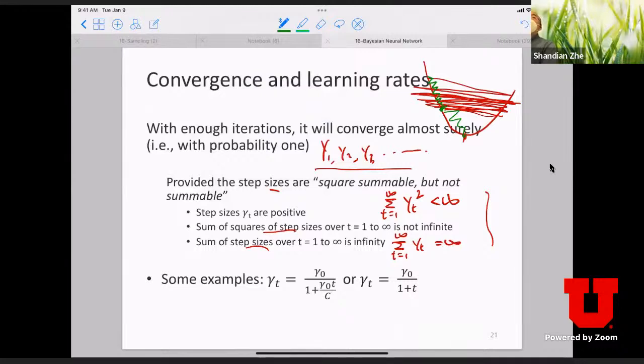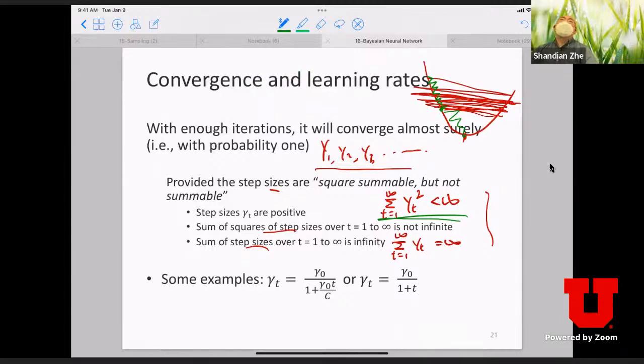Does it make sense? Does this intuition make sense? Any question? Yeah, it needs to get smaller over time. Otherwise, you cannot make sure square summable is satisfied. If it doesn't get smaller, this sum must be unbounded, right?